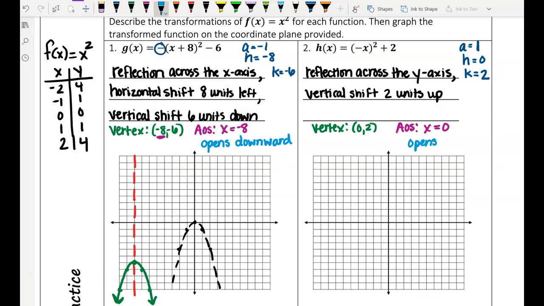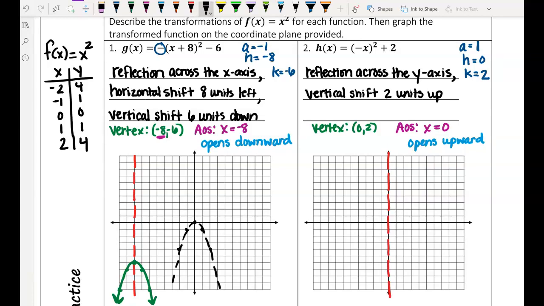Is a positive or negative? So it opens upward. So you notice my axis of symmetry does not change on this one. It's going to stay my y-axis, or my x equals 0.